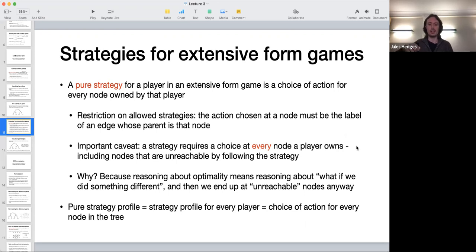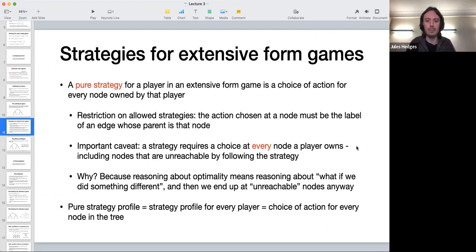So we could have a node up here owned by the player, which says always go this way, which means that as long as we're following this strategy, we're never going to end up in the subtree down here. But we're still going to insist that the strategy says what we would do at nodes that the same player owns in this subtree.